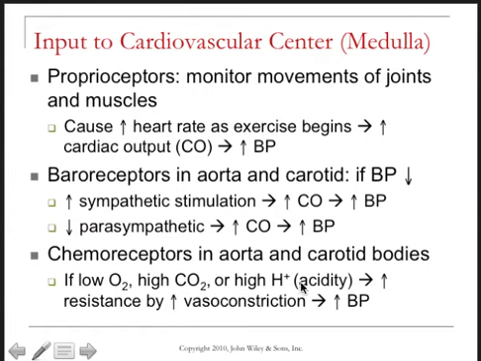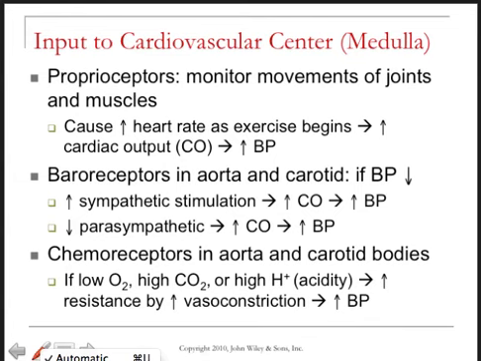But the high acidity might confuse you a little bit. Why would high acidity result in an increase in blood pressure, increase in cardiac output, and increase in respiratory rate? And the reason for that is a little bit not so obvious.